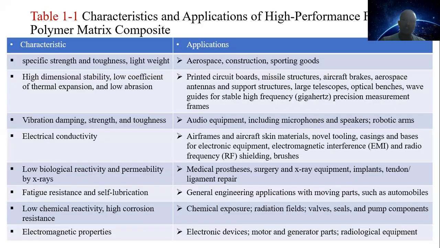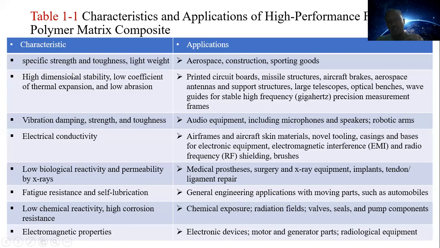So this table shows the characteristics and applications of high performance fiber reinforced polymer matrix composites. The characteristics are listed here and applications are given here. The basic characteristics include specific strength and toughness.